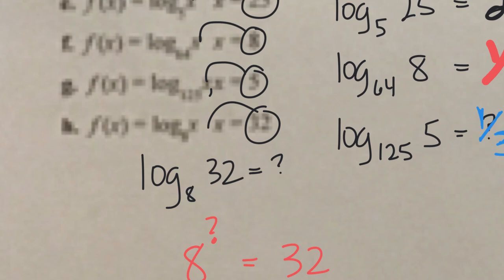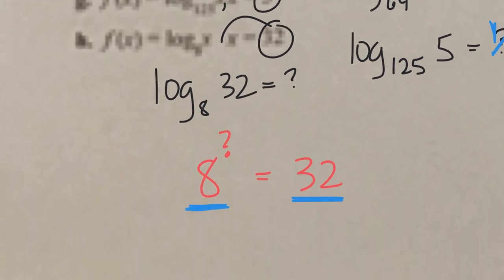So what we want to do is think, can I write 8 and 32 with a common base? Can I make these into a base raised to some power? So you really need to know your powers. So here, 8 is also known as 2 to the 3rd power. 2 times 2 times 2, that is in fact 8.